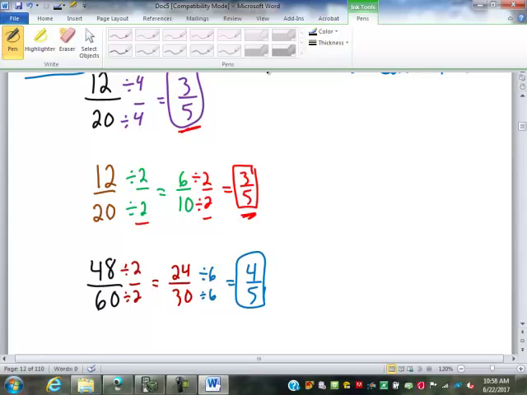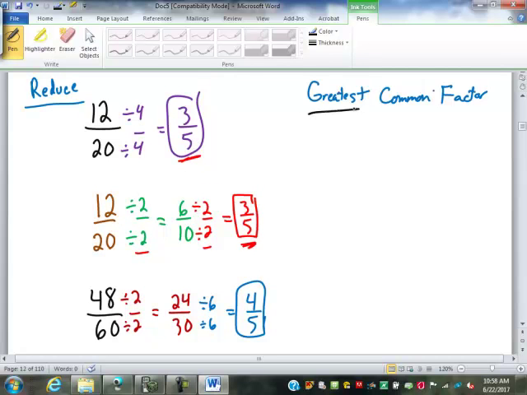Now, if you're really insistent on finding that greatest common factor, there is a way to do it. We talked about doing those factor trees. We did 48. What's one number that goes into 48? Let's do 6. 48 divided by 6 would leave us with 8.